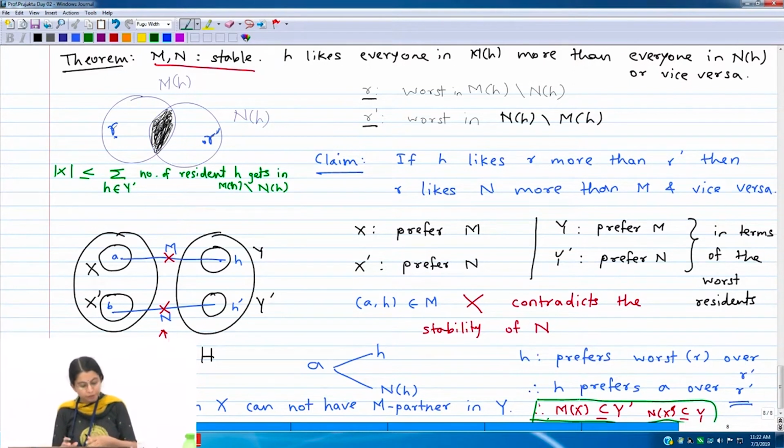If it was one to one, we would have directly said that the size of x is less than or equal to the size of y prime, but more than one resident can go to the same hospital. So we are summing up over the number of residents each hospital accommodates.